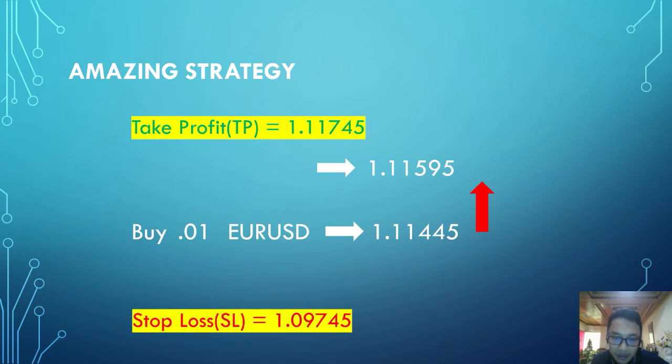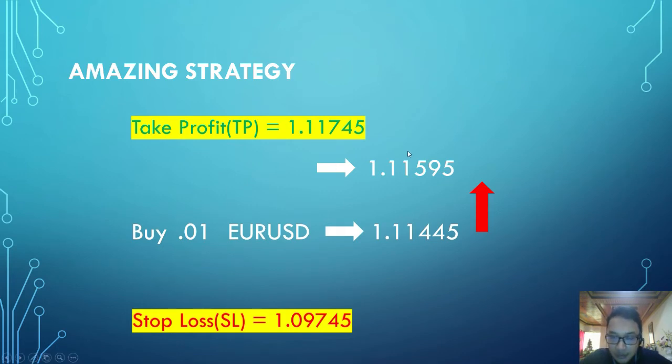Sorry, this is not 30 pips, this is 15 pips. So from 1.11445, the current price goes up 15 pips to 1.11595.